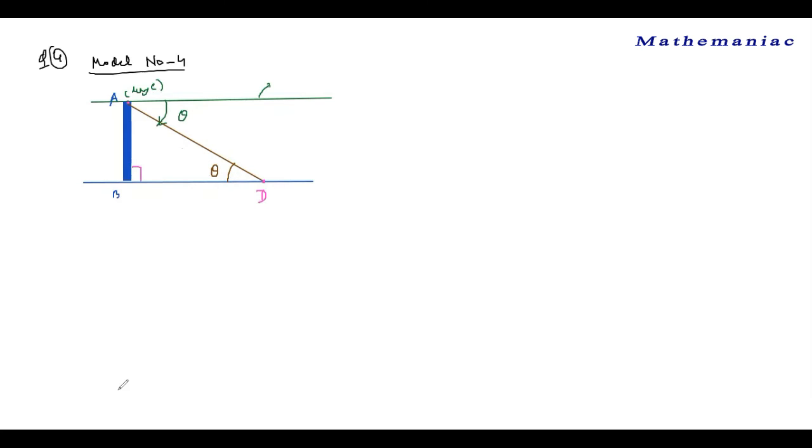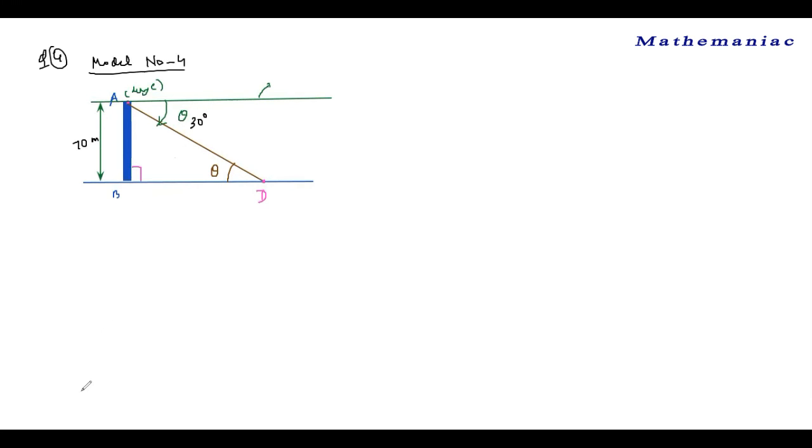Now I want to change this problem into a question with some values. Say somebody tells you that this building is of height 70 meters, and the person sitting here is looking at the car at a depression angle of 30 degrees.